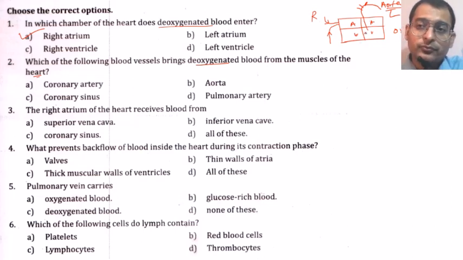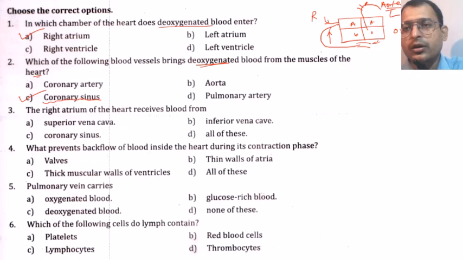So here the question is which blood vessel brings the deoxygenated blood from the muscles of the heart. Whatever deoxygenated blood is there in the muscles of the heart will be collected by the veins and ultimately deposited at the coronary sinus. This coronary sinus will carry the deoxygenated blood into the right atrium.